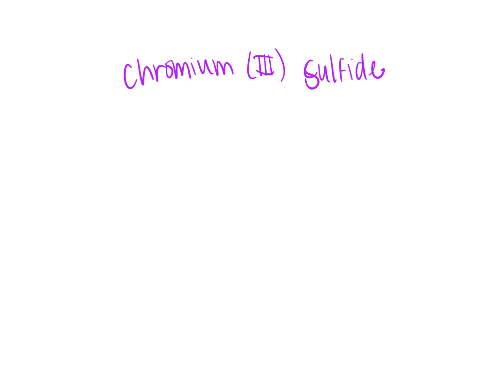So chromium is number 24, okay? And so chromium is Cr. And what's its charge? +3. It tells me right from the Roman numeral. And sulfide never changes its charge. It's a -2.